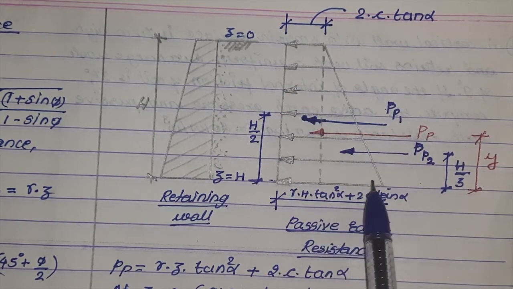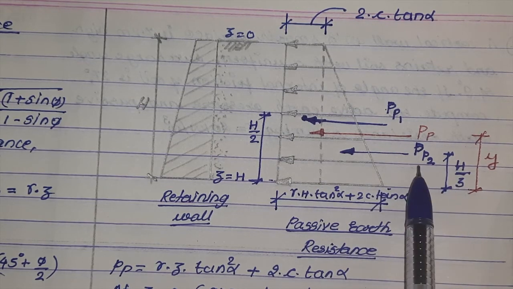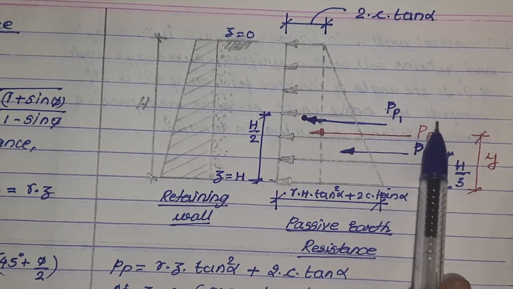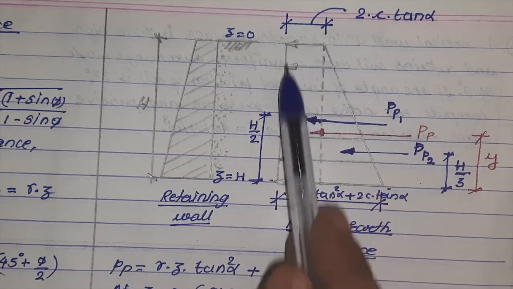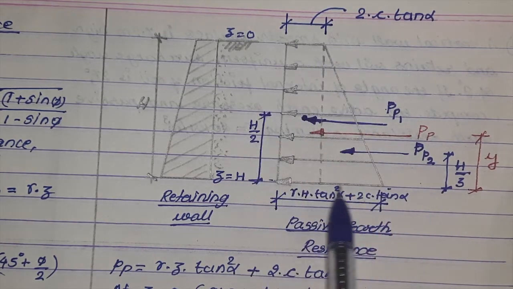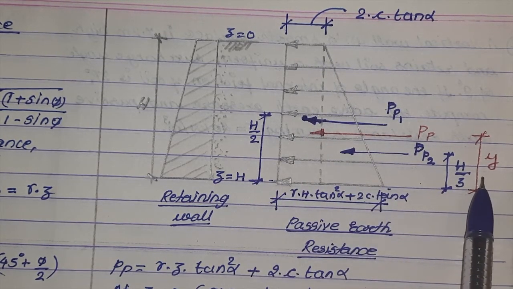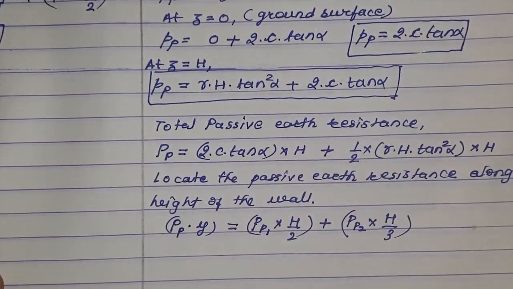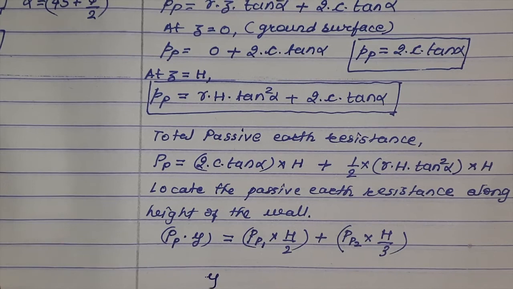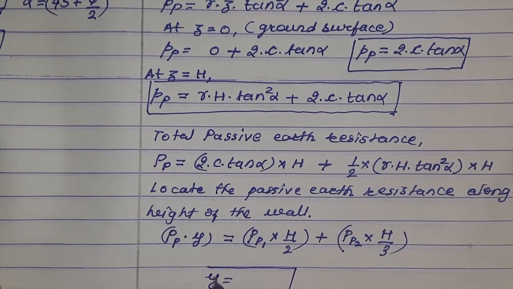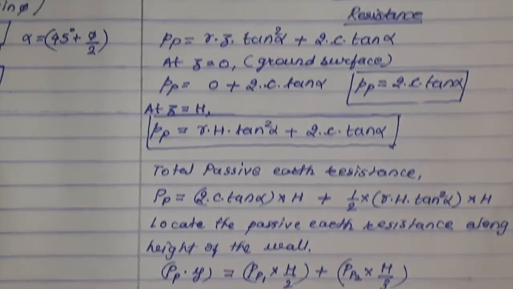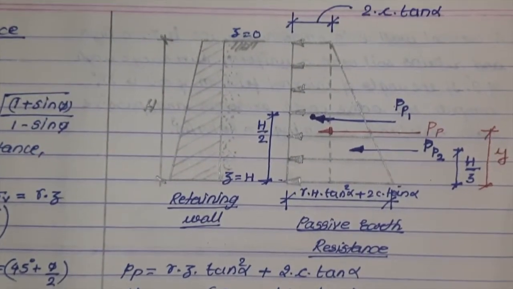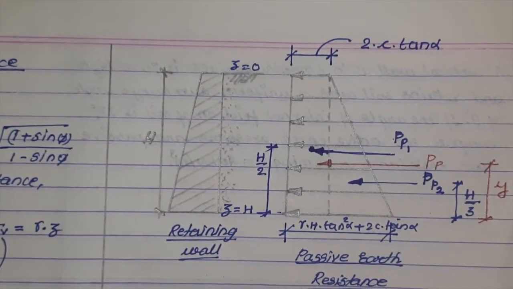This triangular area multiplied by h by 3 will be the moment due to PP2, and capital PP is the area of this complete diagram multiplied by distance y. So, solving this, we will get distance y. This way we can find out the total passive resistance in the case of cohesive frictional soil.